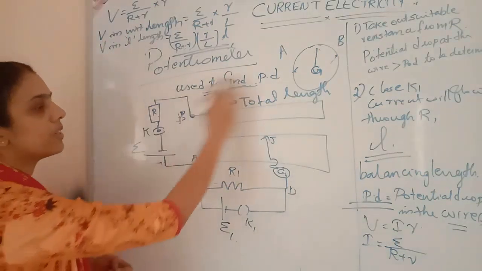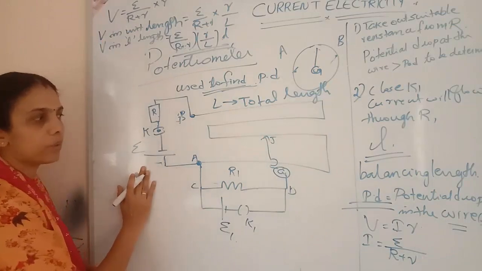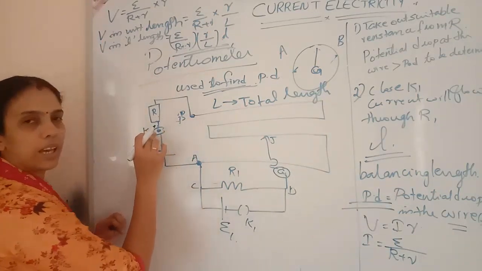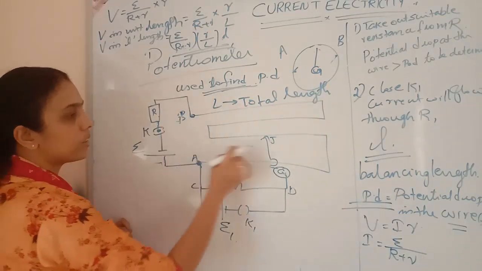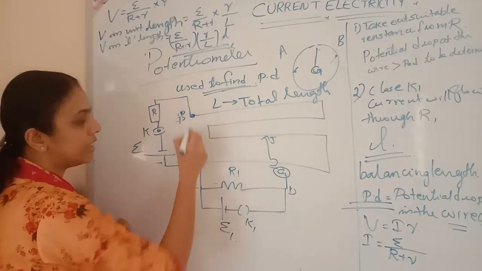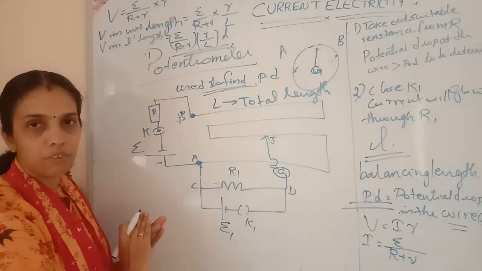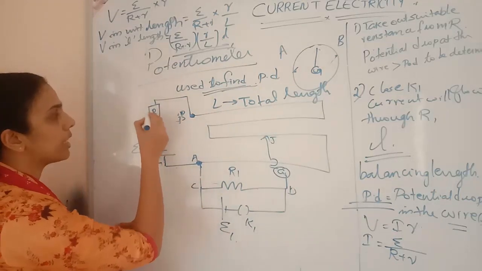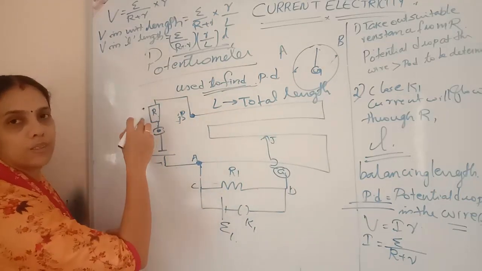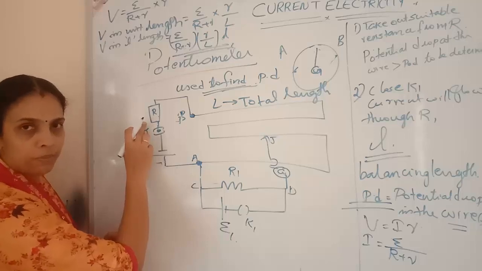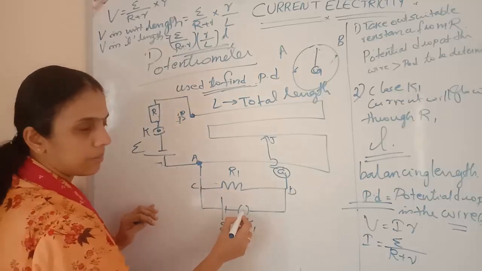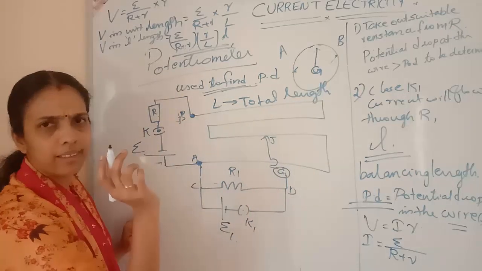Simple. First, this diagram. Next, close K. Check between A and B that you are getting deflection on both sides. For that you should take out a suitable resistance from the resistance box. Next, close K1. Find the balancing length.